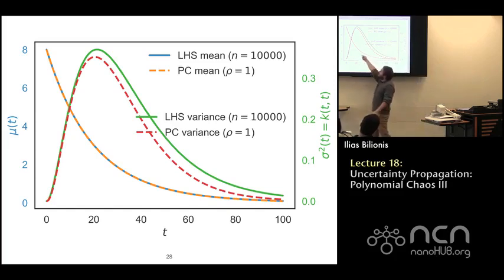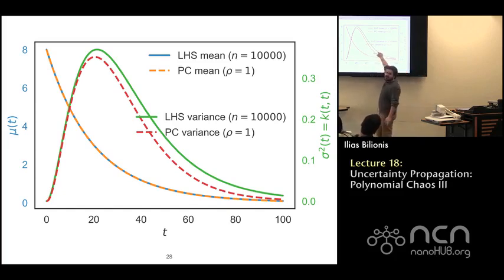This line right here compares the means, and this line compares the variances. Well, it's quite easy to approximate the mean in this case, okay? Actually, it is trivial. The linear expansion is enough to get the right mean.